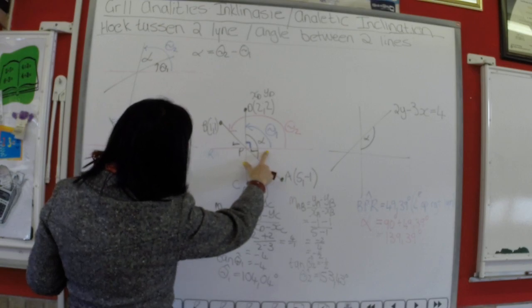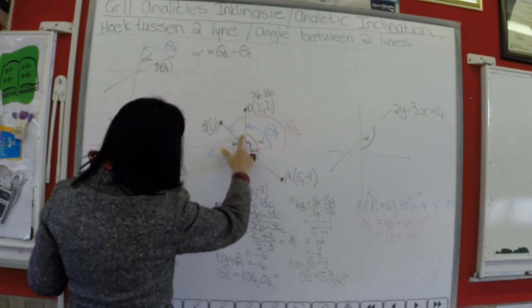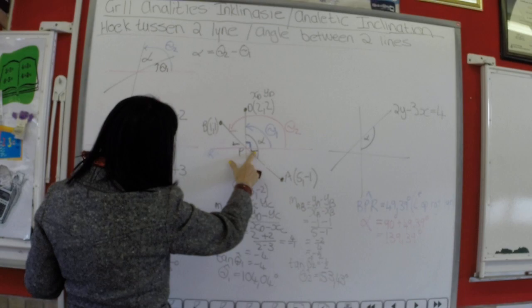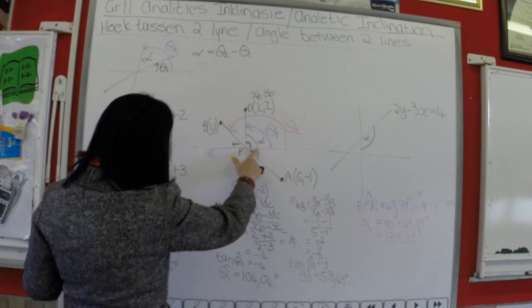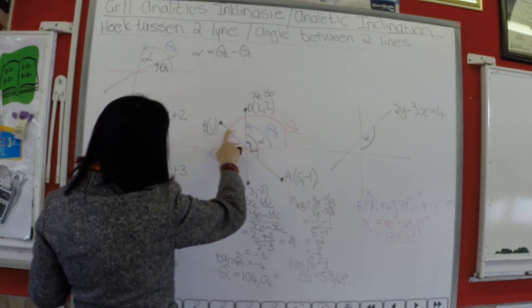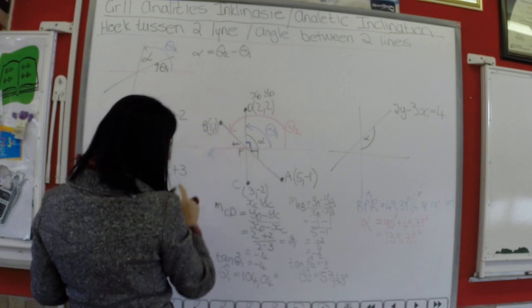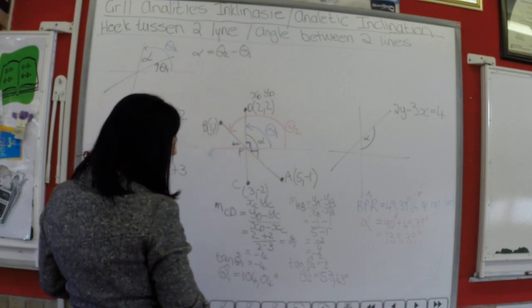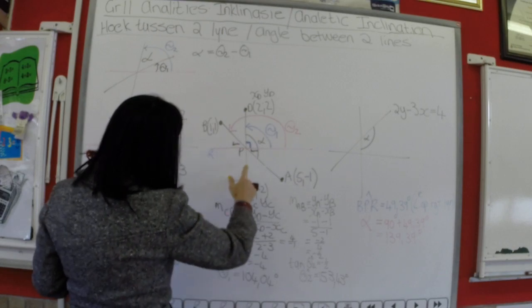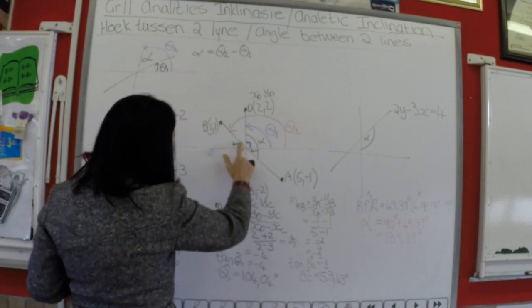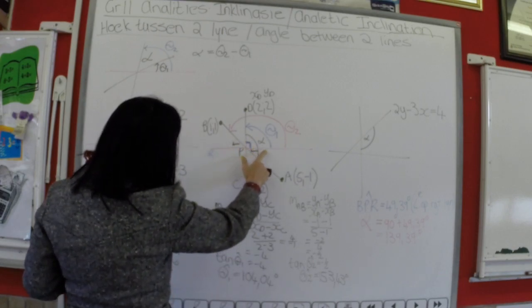Oh, I see. That piece is 90 degrees and that piece over there. So I have that angle, 180 minus that is 49,39 degrees. If I want the alpha, I take this.